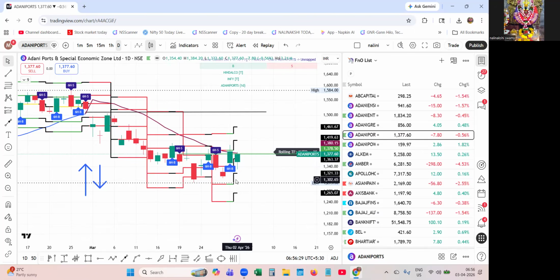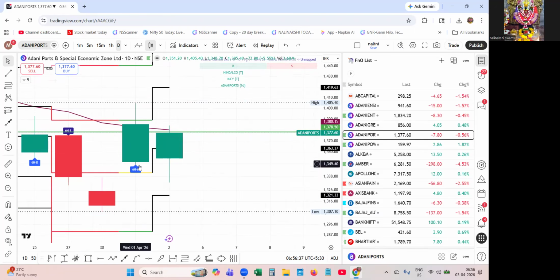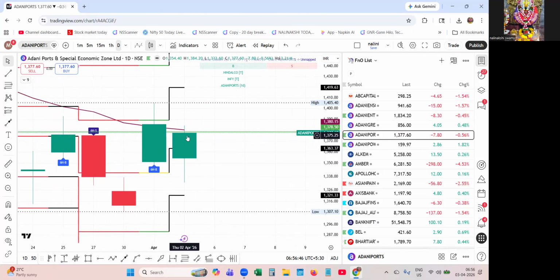On Thursday, it made a low, trapping the liquidity. Let me zoom it. You can see the price has gone below this buyer's level and snapped the liquidity, and this is a classical piercing pattern.